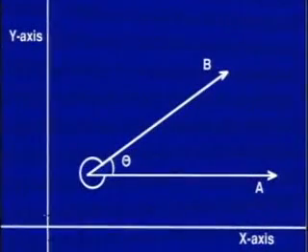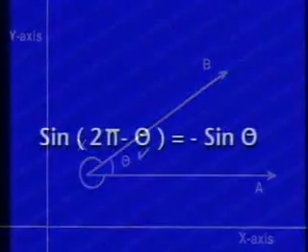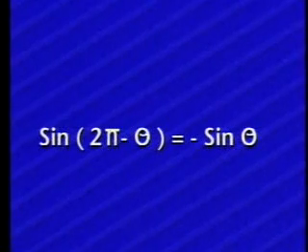Theta is the smaller, not the greater angle between A and B. It is important to take this into account since sine of 2 pi minus theta is equal to minus sine theta, and that would change the sign of the result.